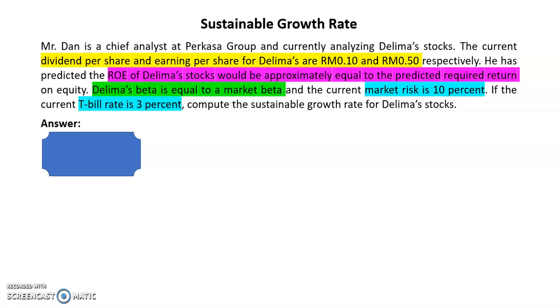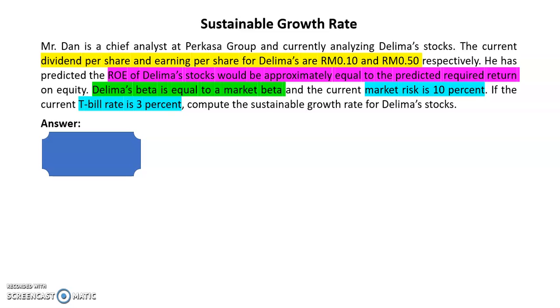So in this question, they give us some information on dividend per share and earnings per share. The question also mentions that the ROE of this stock is equal to the predicted required rate of return. Okay, so what is the formula for calculating the required rate of return?